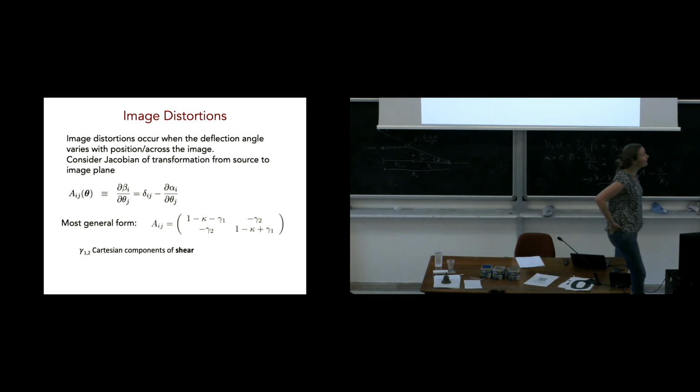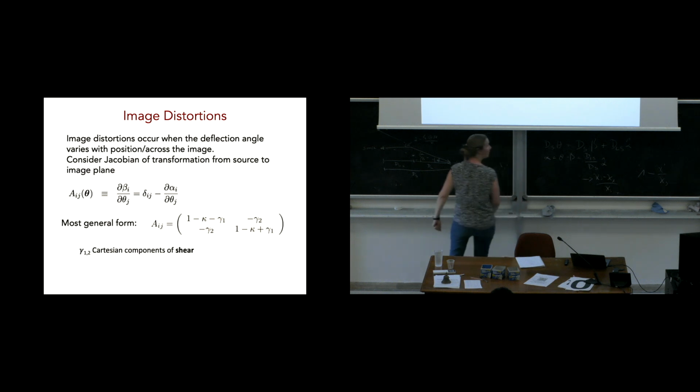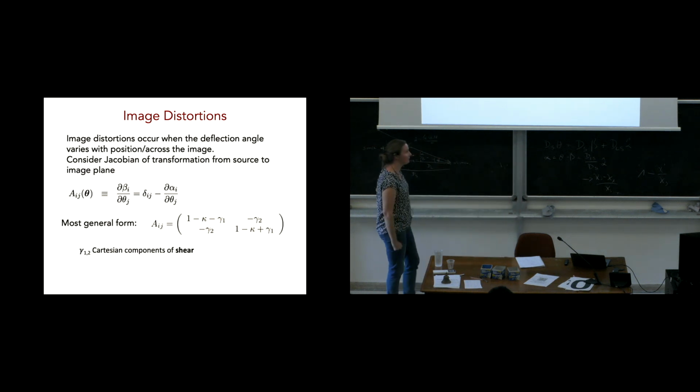One thing that is useful to really see about weak lensing, though, is this distortion tensor, A_ij. And for that, we're just considering basically the transformation from source to image plane.